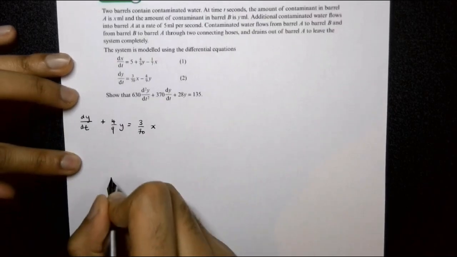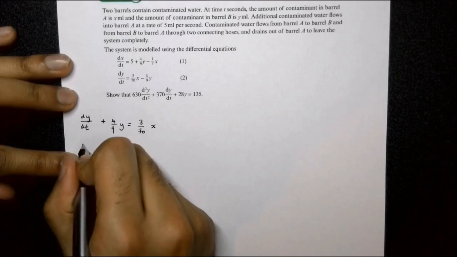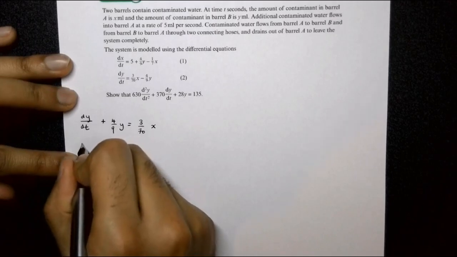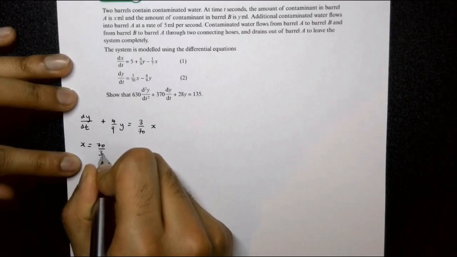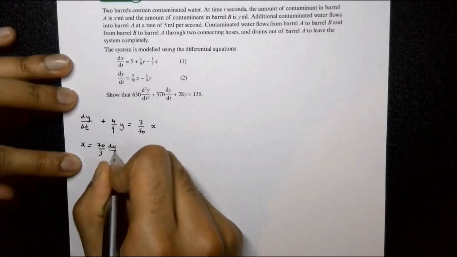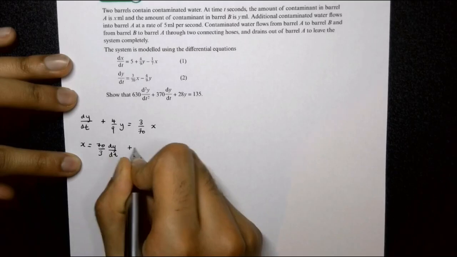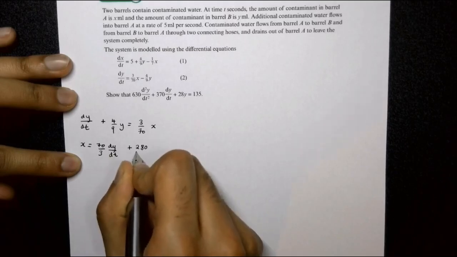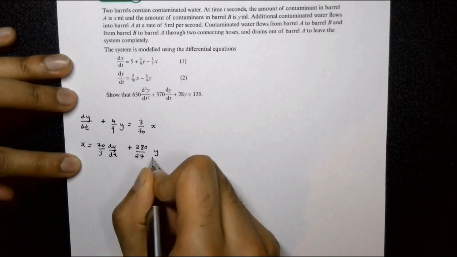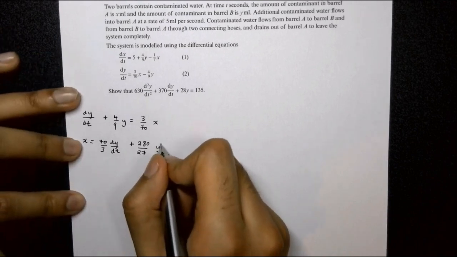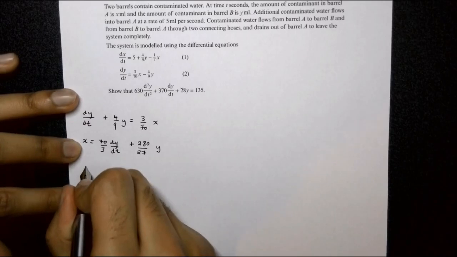And from this we can find out what x is. x is going to equal 7/3 dy/dt plus 280/27 lots of y. And now we need to differentiate both sides with respect to t implicitly.